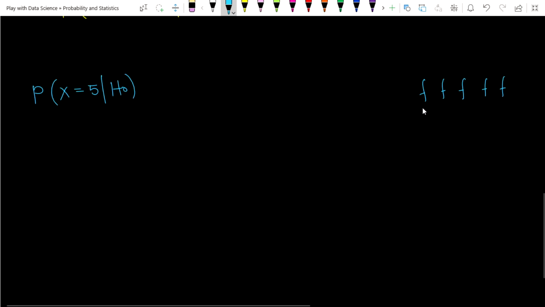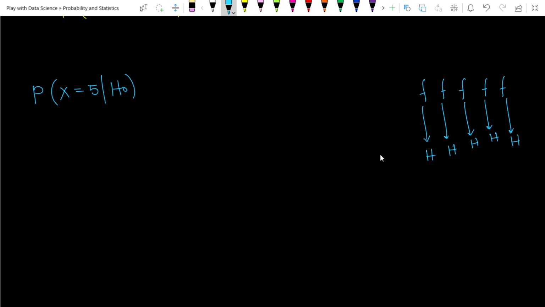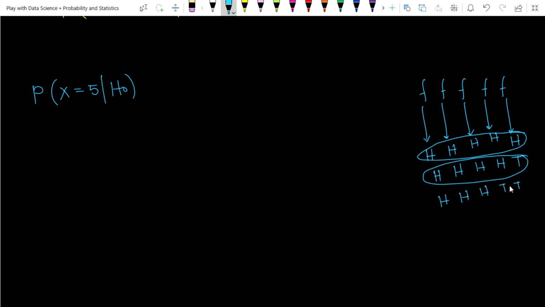So in one experiment you may get head, head, head, head, head. In another experiment, it may be possible to get a value like head, tail.